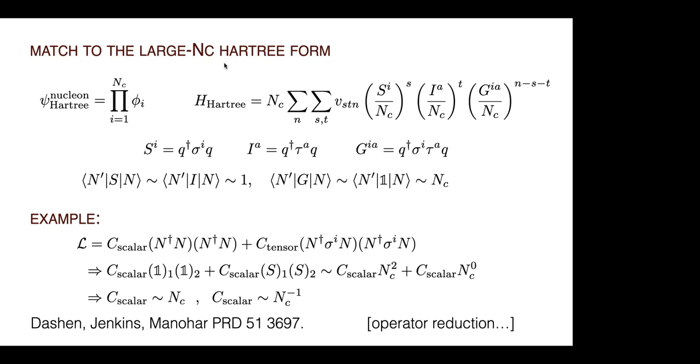And that gives rise to this so-called Hartree, in the same sense that in chemistry, you think of a Hartree wave function and a Hartree potential that factorizes in this way. And at the same time, there's a Hartree Hamiltonian, or maybe call that the interaction part of the Hamiltonian with this NC out front.